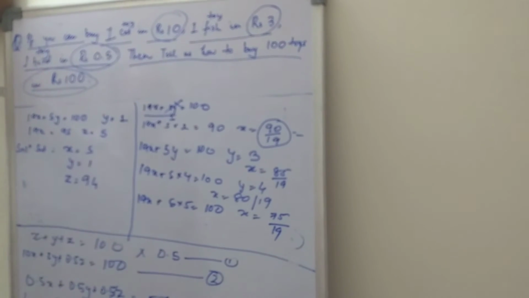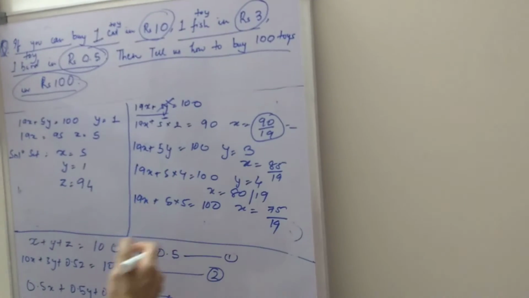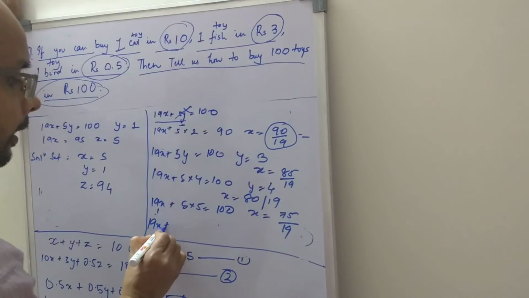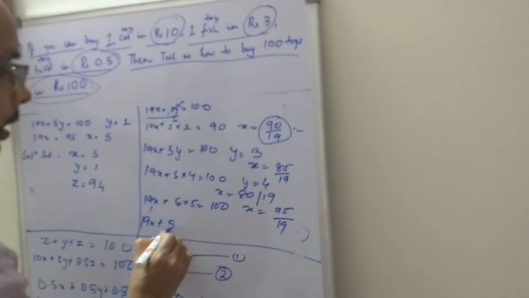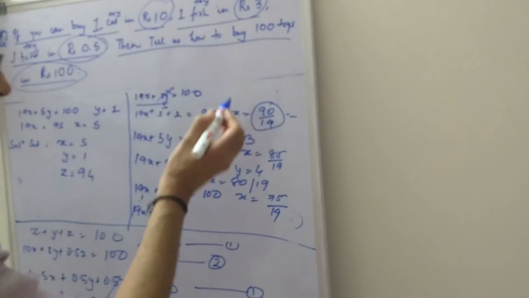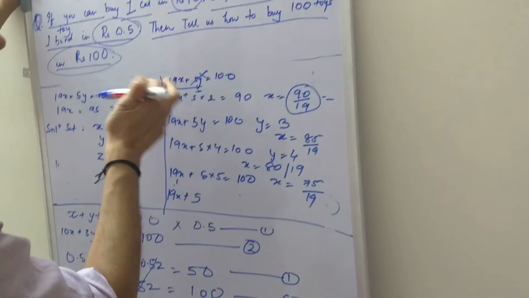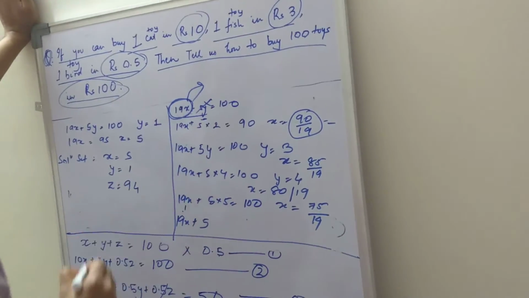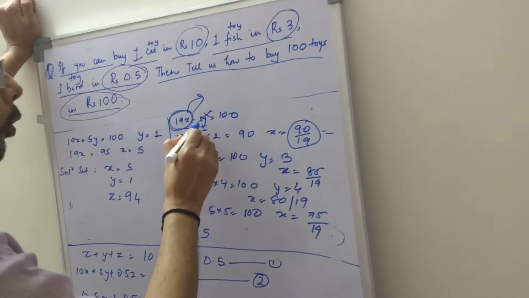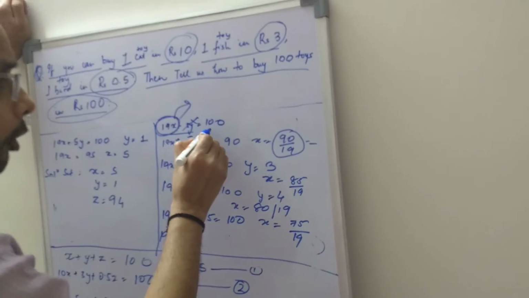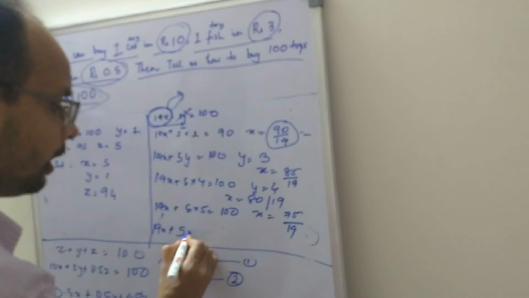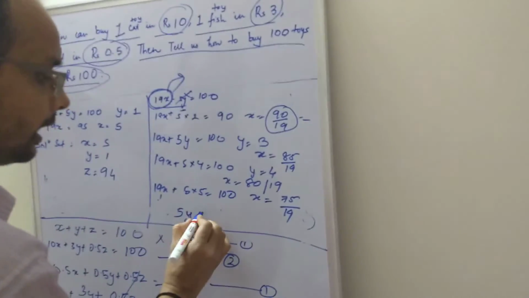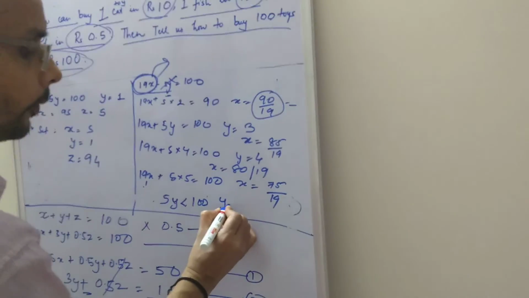You will go on doing this, and up to what point can you do it? Remember 19x will be a positive number because x is a whole number. So if 19x plus 5y is equal to 100, you can go on until the entire 5y is less than 100.